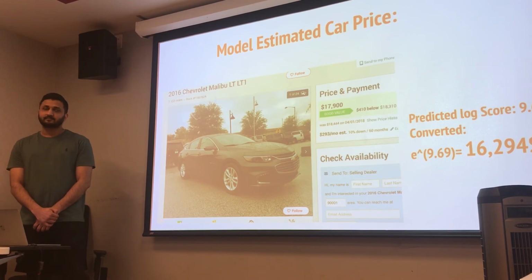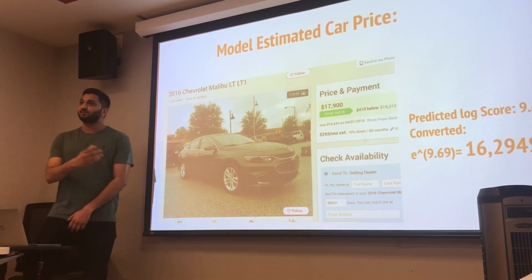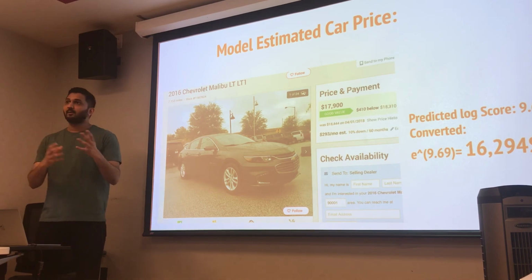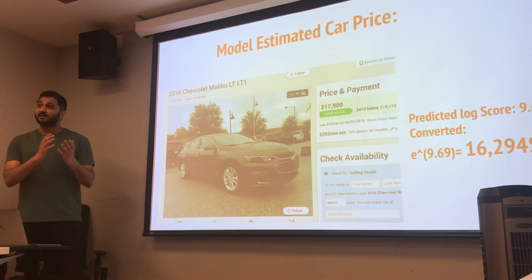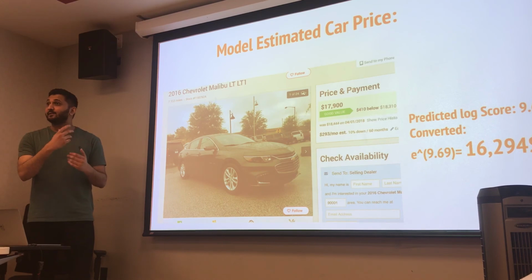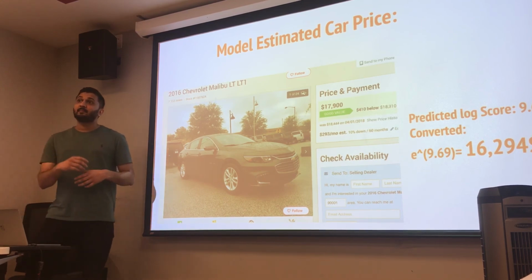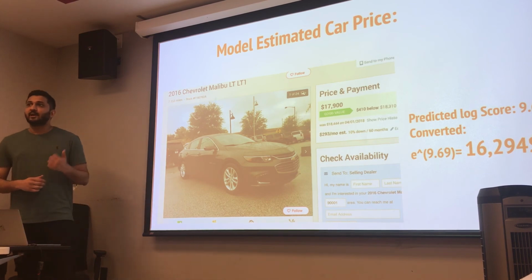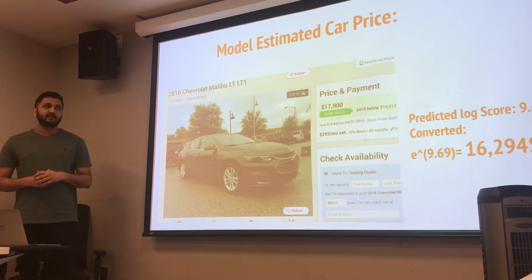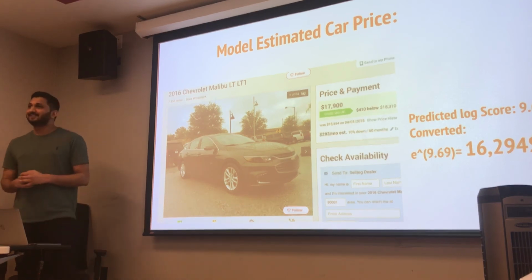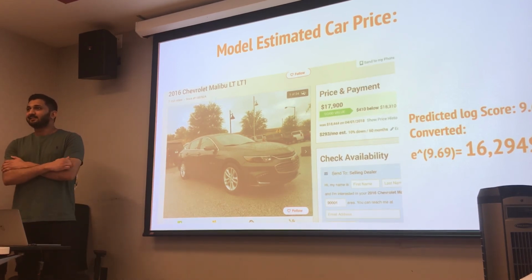So one of the bigger business reasons for doing this was I noticed from the residual plots that a lot of car prices are rounded to the nearest 500 or 1,000 number. So if that's a feature I included in my model, I would increase my accuracy. But that's something I didn't get around to. Yeah, that's a really cool insight. I would have mentioned that. Yeah. Thank you. That's right.